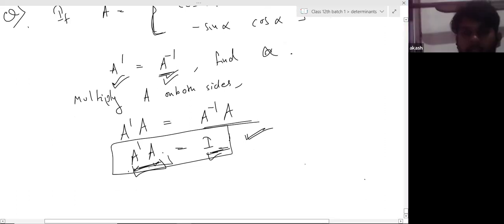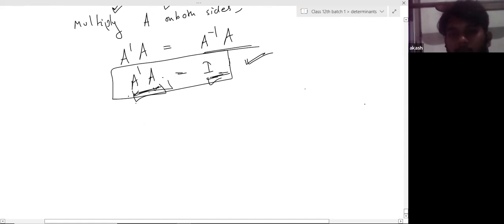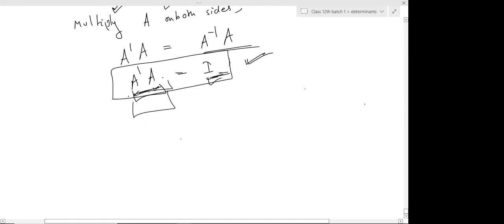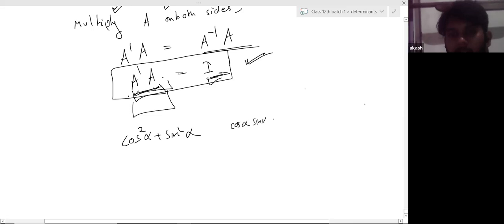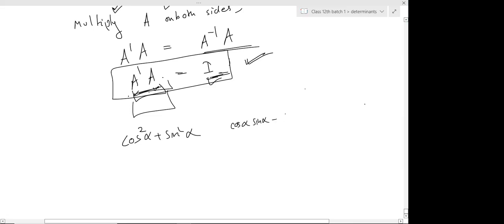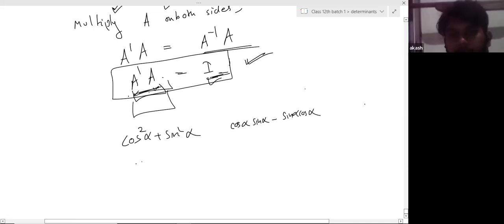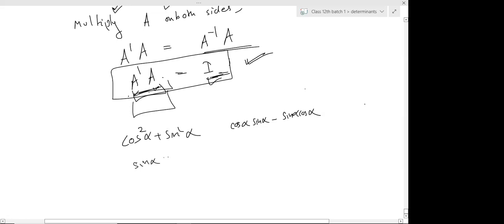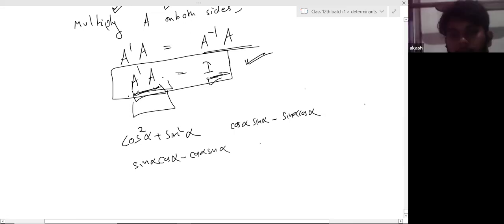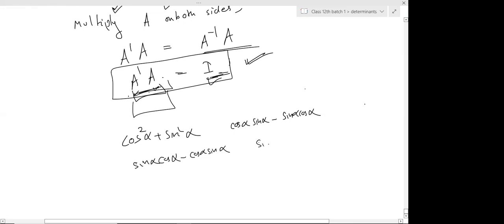Right. Can you tell me what you're getting on the left side, or should I solve this? So cos square alpha plus sin square alpha, then sin alpha cos alpha minus sin alpha cos alpha, then cos alpha sin alpha minus sin alpha cos alpha, and here sin square alpha plus cos square alpha.